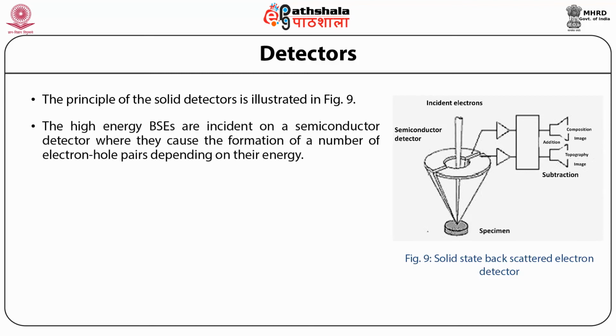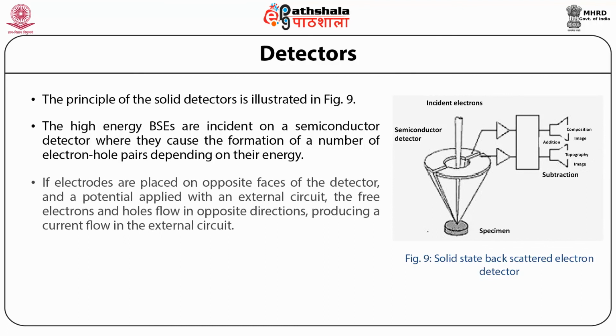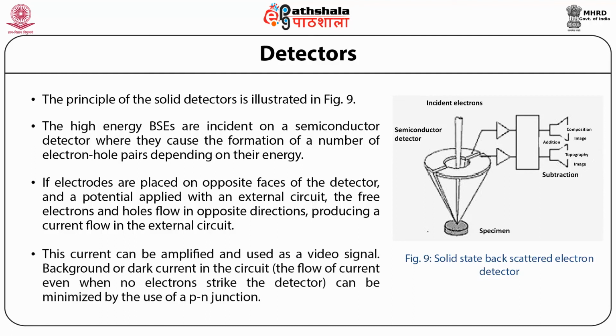If electrodes are placed on opposite faces of the detector and a potential applied with an external circuit, the free electrons and holes flow in opposite directions, producing a current flow in the external circuit. This current can be amplified and used as a video signal. Background or dark current in the circuit, the flow of current even when no electrons strike the detector, can be minimized by the use of a PN junction.